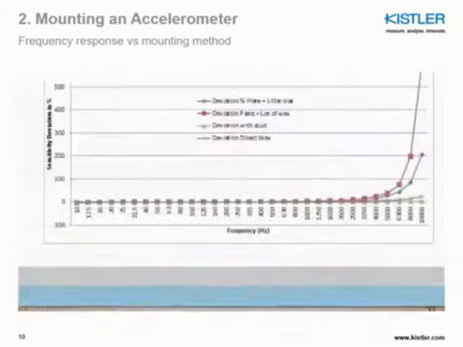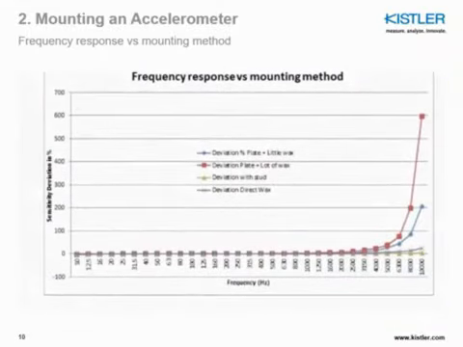If we look at the results here, we'll see that basically the best response is obtained with stud only, well, stud and the silicone, which is the green curve with a very flat response up to 10,000 Hz. Then when we start using the wax, we see the beginning of the resonance peak with the purple curve.